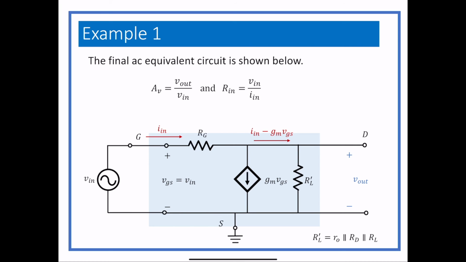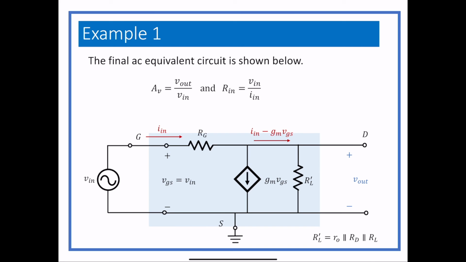And the current from the transconductance, if we want to know the load current through RL prime, we basically take the input current and subtract off GM VGS, which is the current going in the dependent source. That's just using current division or whatever. So that's why that's written in there, because I'm going to need it in a minute. VGS is equal to VN in this circuit.